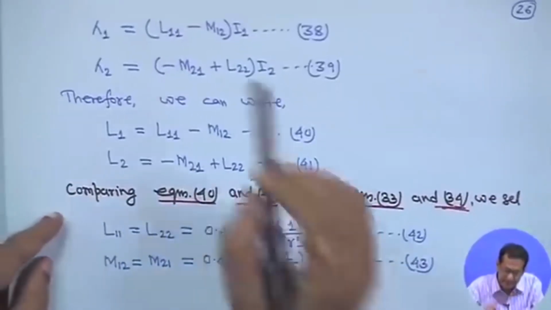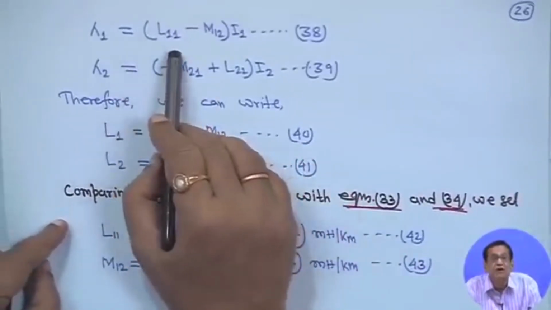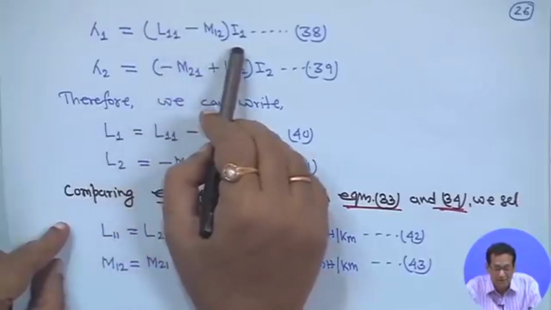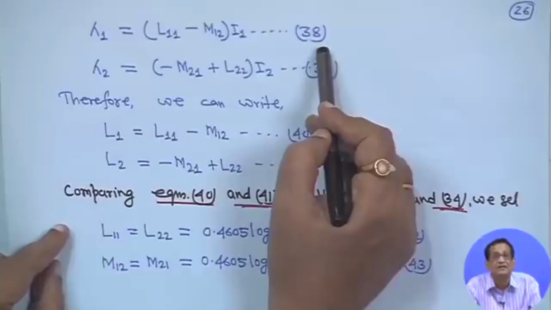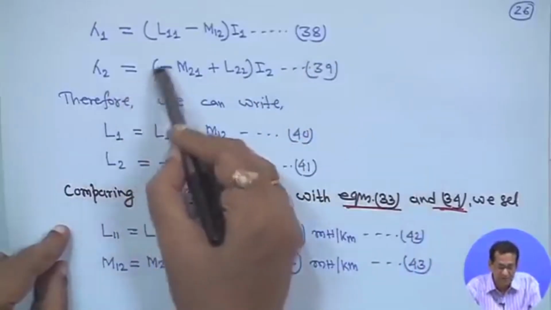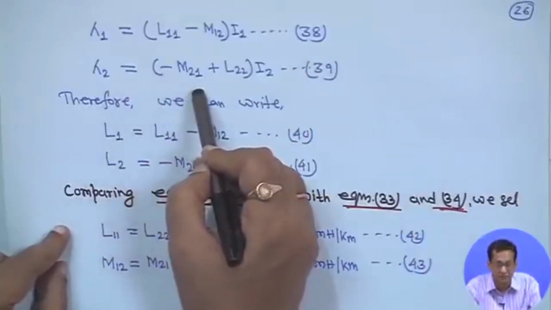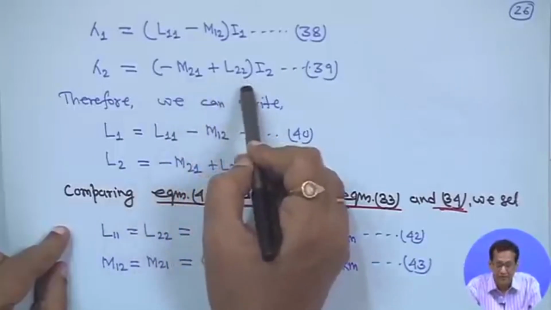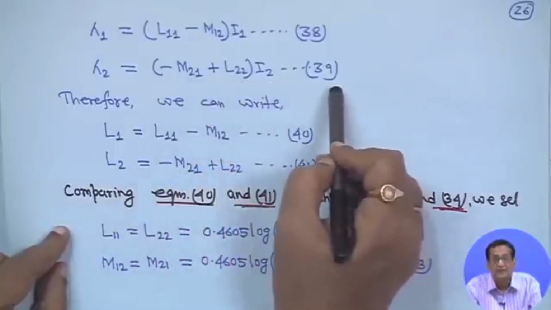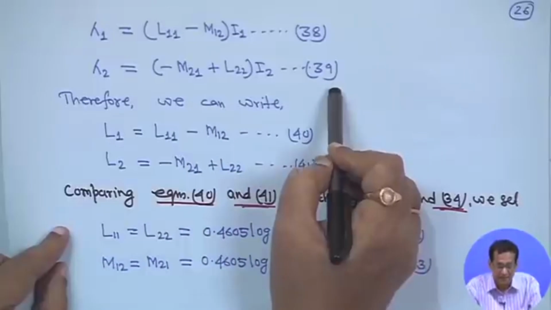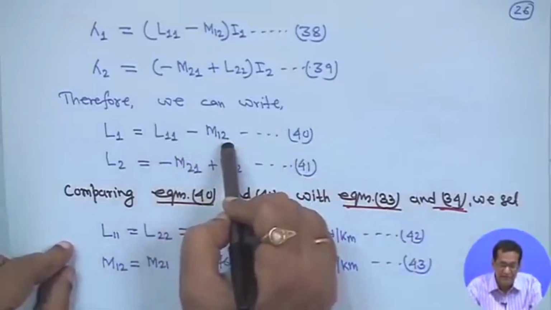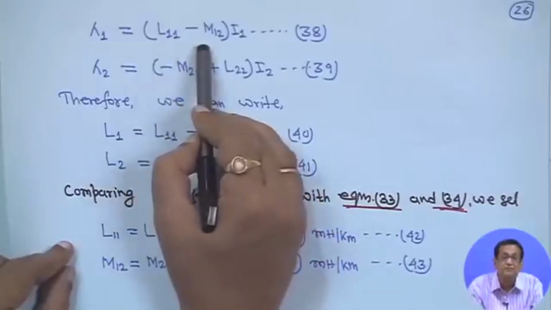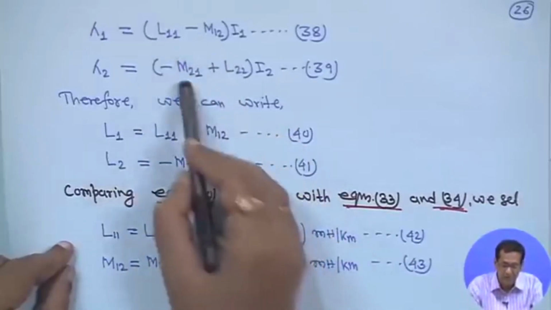You will get lambda 1 is equal to (L11 minus M12) into I1, this is equation 38. Similarly, lambda 2 is equal to (L22 minus M21) into I2, this is equation 39. Therefore, we can write L1 is equal to L11 minus M12, and L2 is equal to L22 minus M21.